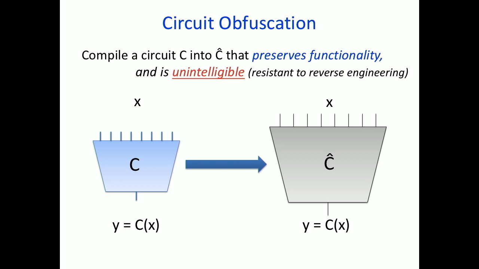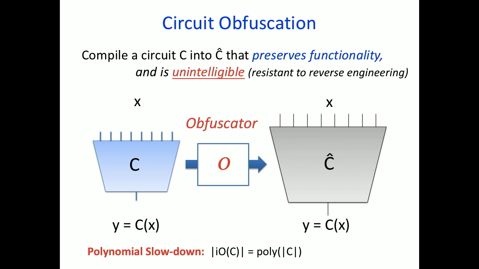Okay? And of course, such a compiler we will call an obfuscator. So obfuscator is the compiling mechanism. And we would like definitely that this compilation only incurs some small slowdown, in particular polynomial slowdown in the size of the circuit. Okay? So in terms of this unintelligible, what does it mean?